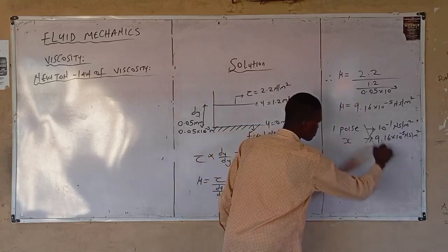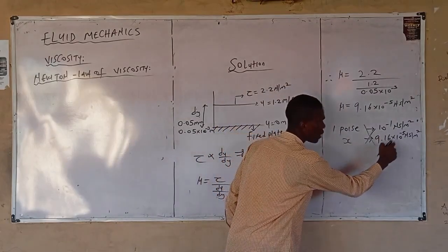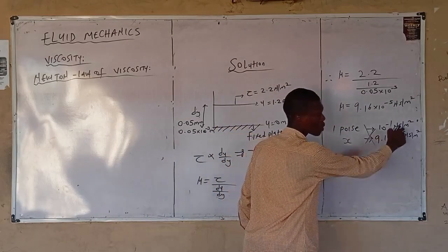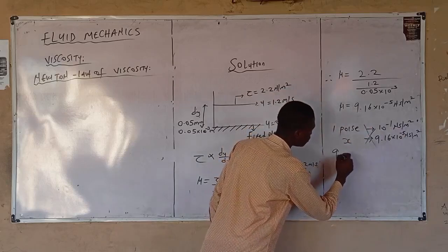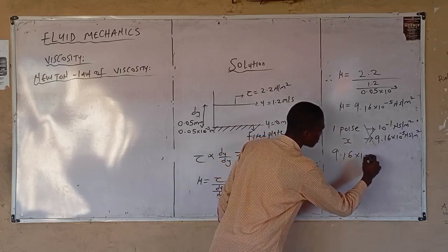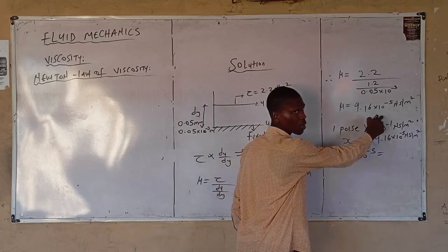Then from here, cross multiply. By the time you cross multiply, 9.16 times 10 raised to the power minus 5 times 1, you still have that same value, 9.16 times 10 raised to the power minus 5 equals x times 10 raised to the power minus 1.